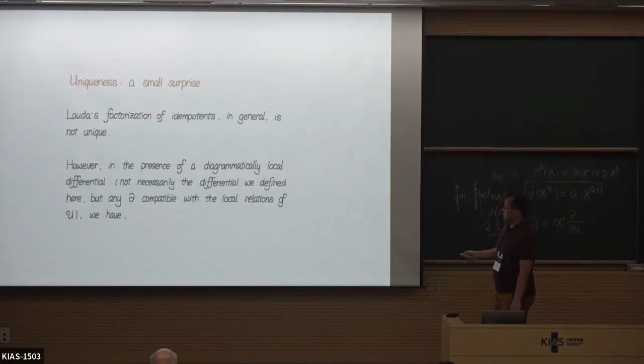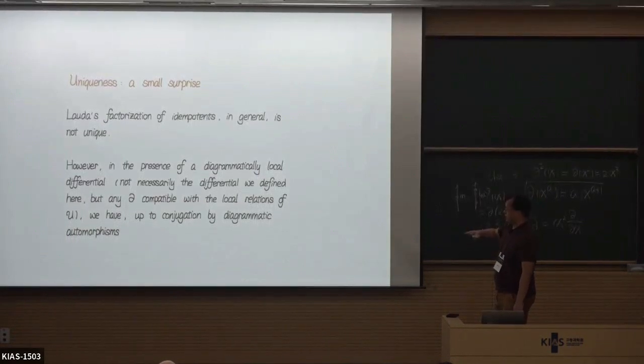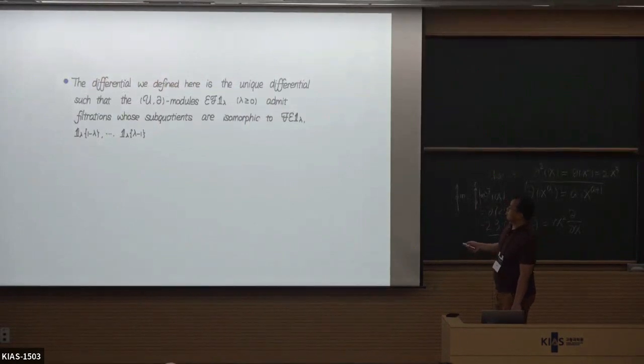But in the presence of this diagrammatic local differential, this differential we have written down is one particular case of them. It turns out that, up to conjugation by diagrammatic automorphisms, such as flipping diagrams upside down, there is a unique choice. So the differential defined is the unique differential that makes this categorification work.